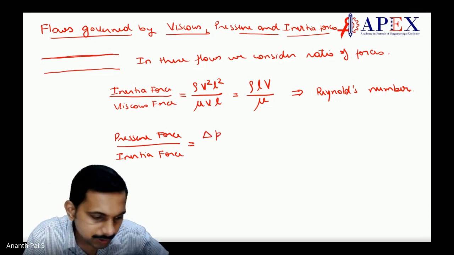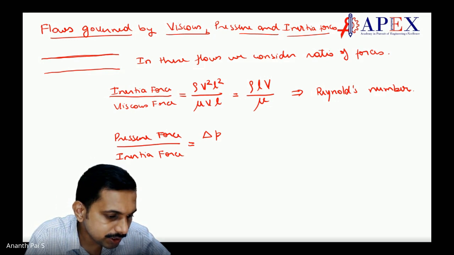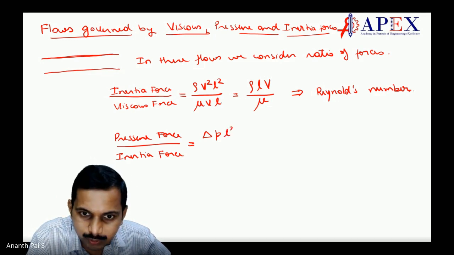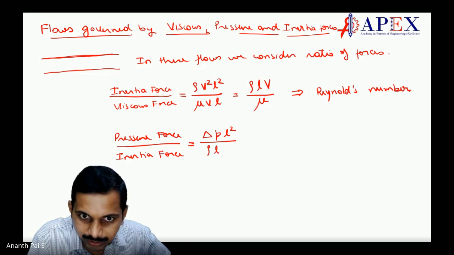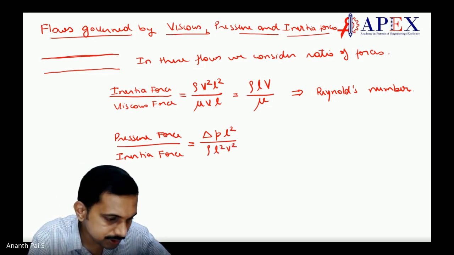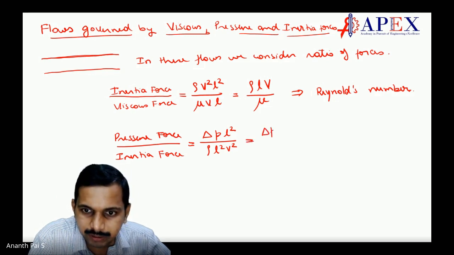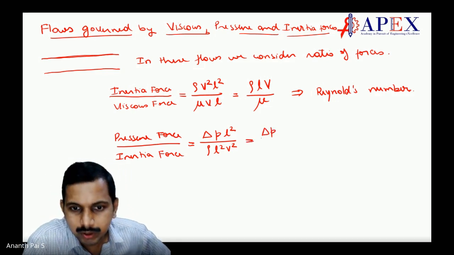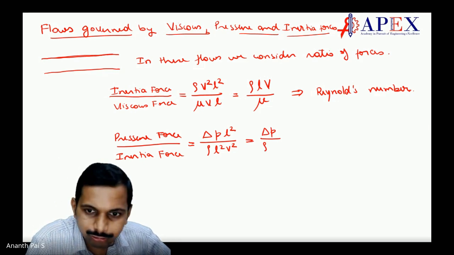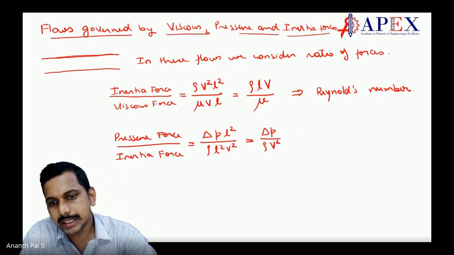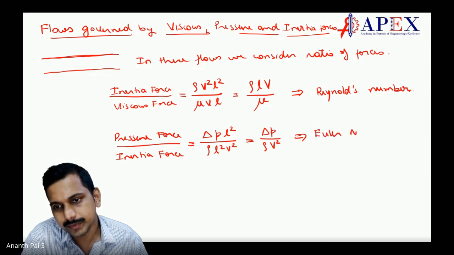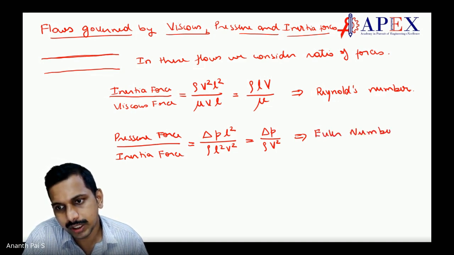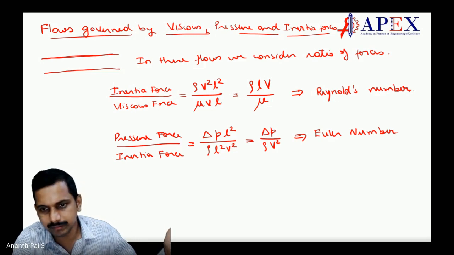Delta P into L square divided by rho L square V square, correct, students? So this can be written as delta P by rho V square, correct? This is called the Euler number, students. Very, very important. Where is this used?